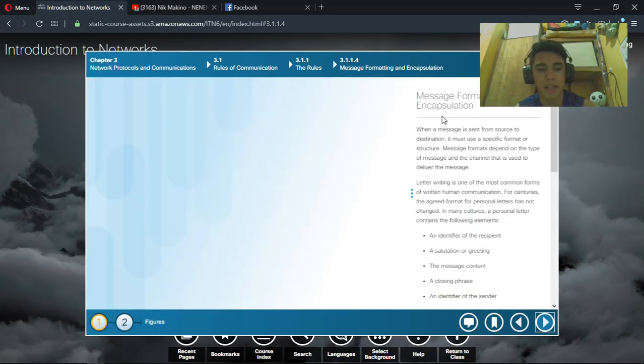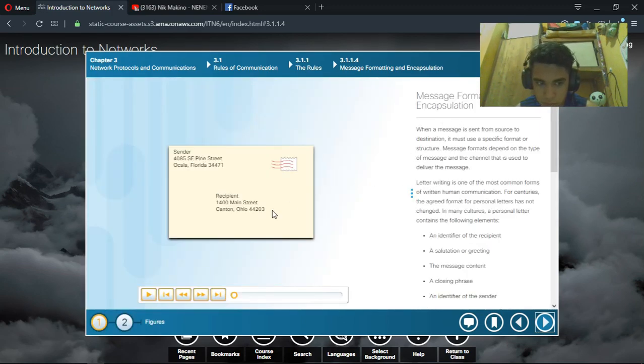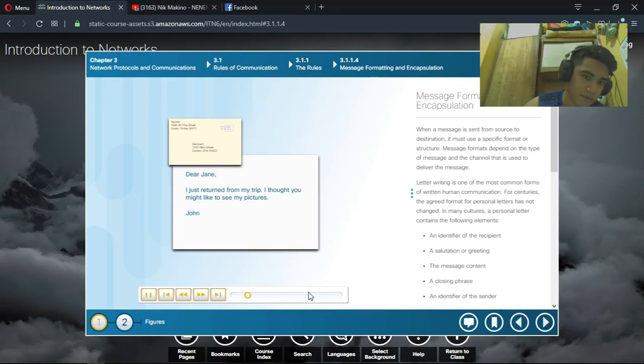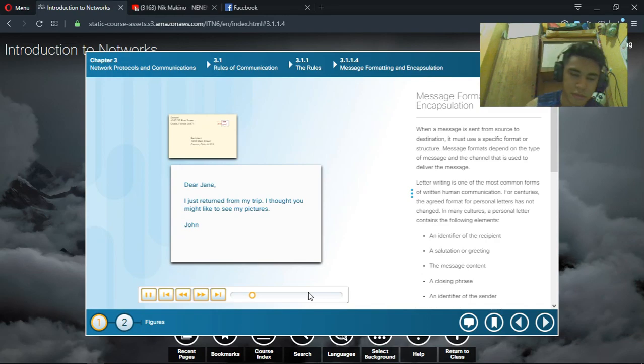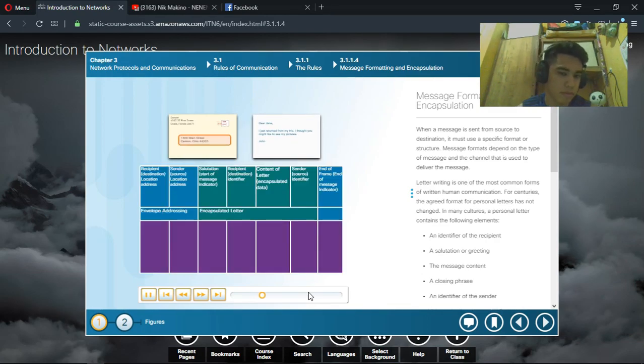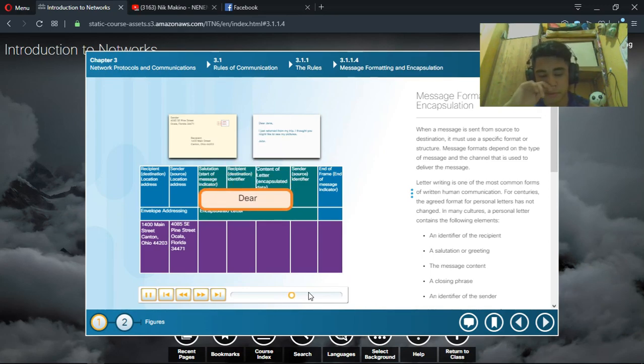Message formatting and encapsulation. Okay, let's play. The envelope is the addressing. It's like the MAC address and IP addresses. And the encapsulated letter is the data.